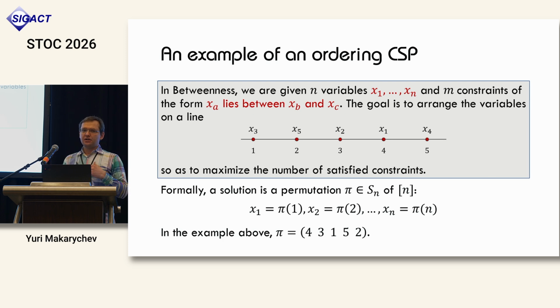it defines an ordering of x's as follows. So x1 is at position pi of 1, x2 is at position pi of 2, and so on. For example, for this specific ordering, the permutation pi is 4, 3, 1, 5, 2, and here x1 is at position 4, x2 is at position 3, and so on.